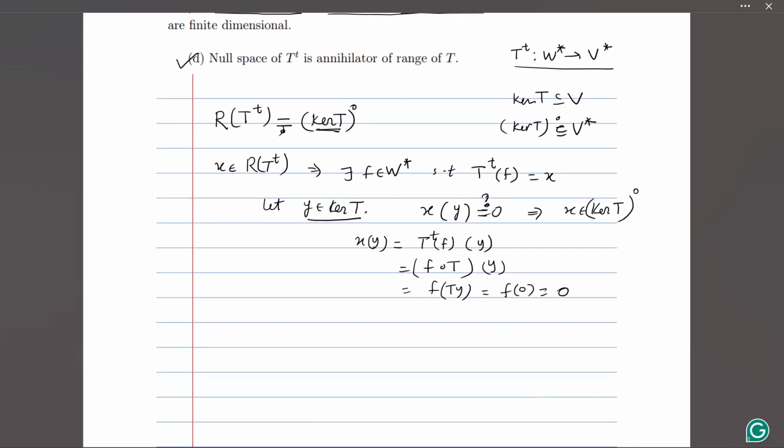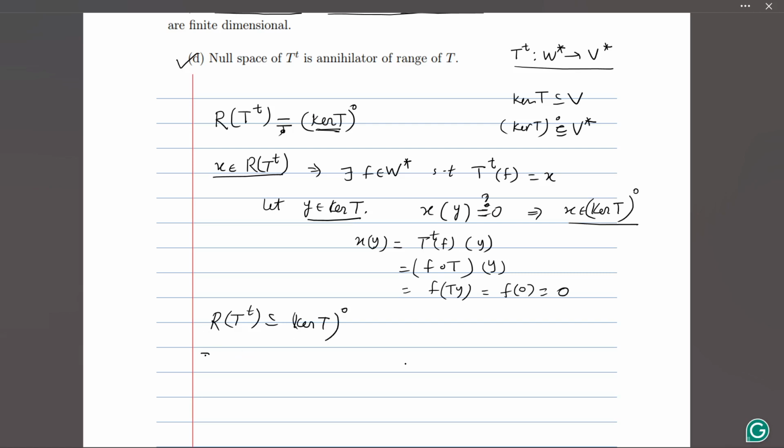So we see X belongs to kernel T annihilator, and we had taken initially X in range of T transpose. So we got this result: range of T transpose is contained in kernel T annihilator.